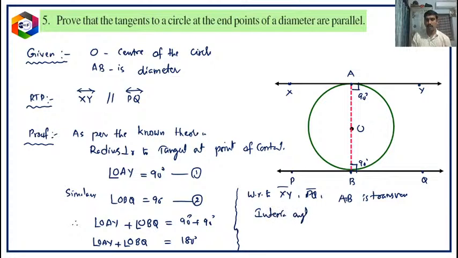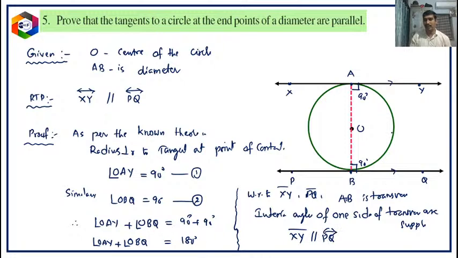Interior angles on one side of the transversal are supplementary, or 180. If they are supplementary, then according to the known theorem, those two lines must be parallel. So XY is definitely parallel to PQ.